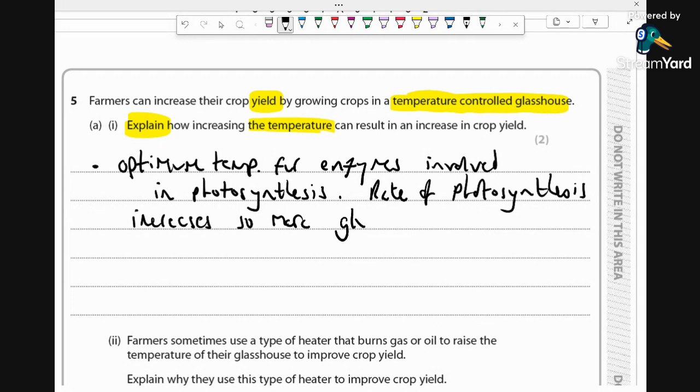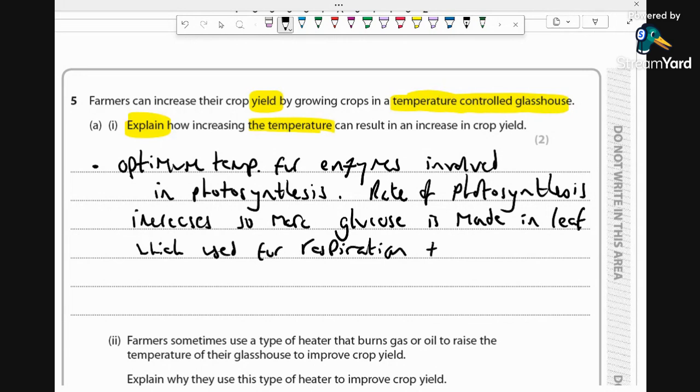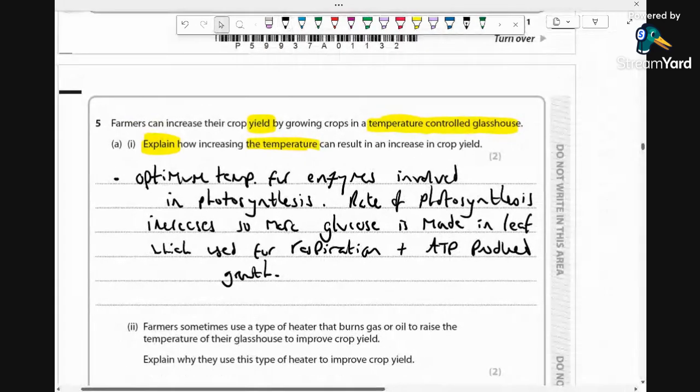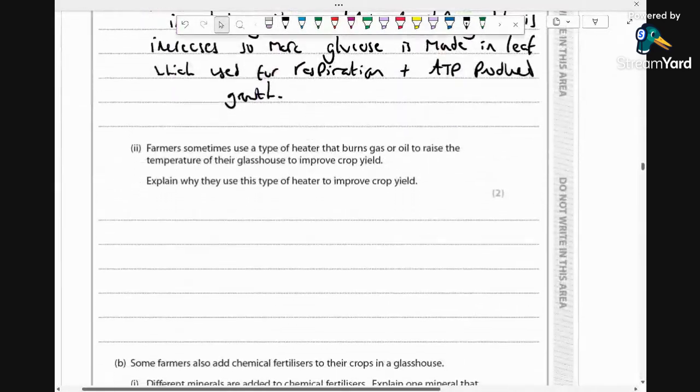So more glucose is made in the leaves, which can be used for respiration, and therefore ATP is produced for growth. There we go. Nice answer for 2 marks.